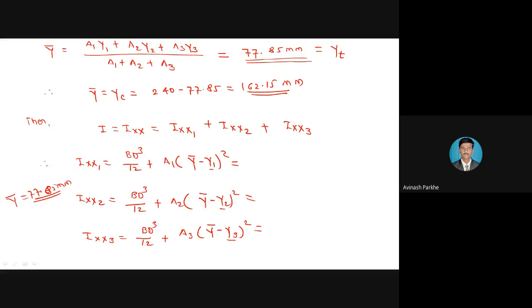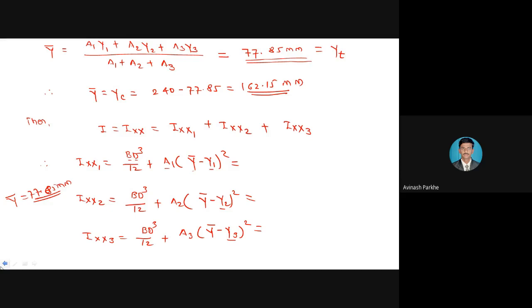So this y bar we have to consider for all the Ixx calculations. Now put the value for each and every section. Section number 1 we are having the value of BD, A1, y bar, y1. Take the square of y bar minus y1 and tell me all the three values.